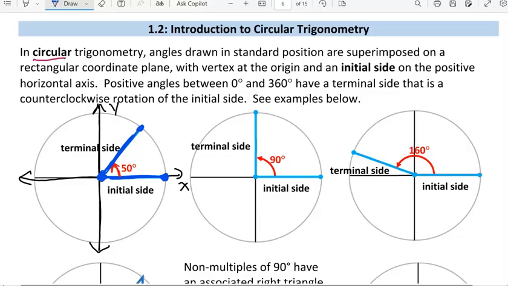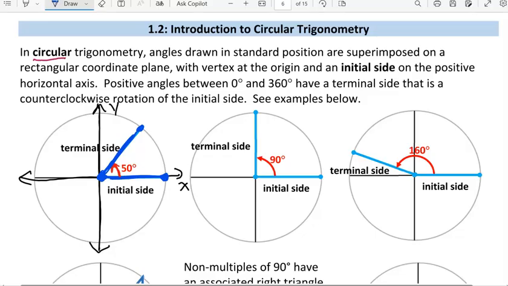The next angle is a 90-degree angle in the middle. That would be where the initial side is on the positive x-axis and the terminal side, or the ending side, is on the positive y-axis. An obtuse angle on the right will terminate or have the terminal side in quadrant 2.